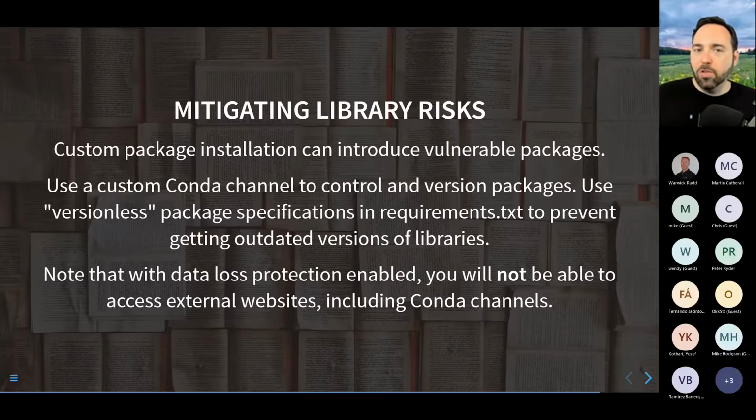You can control this by using a custom conda channel to control and version those packages. So your security people might vet packages before they get added to this custom conda channel, and then you can pull in from there. You could also use versionless package specifications to make sure that you get the latest version of a package instead of limiting yourself down to a specific version.